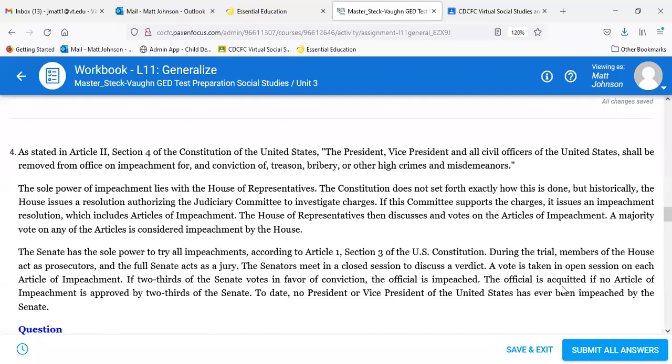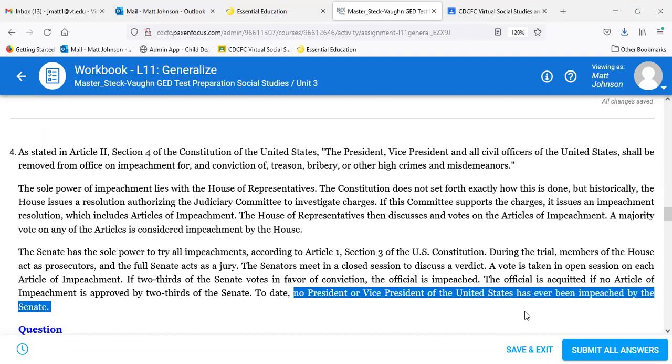I don't like this last phrase where it says no president or vice president of the United States has ever been impeached by the Senate. Once Congress starts an impeachment process, you are impeached. We will always refer to Donald Trump and Bill Clinton and Andrew Johnson as being impeached. There's not necessarily further impeachment that occurs.